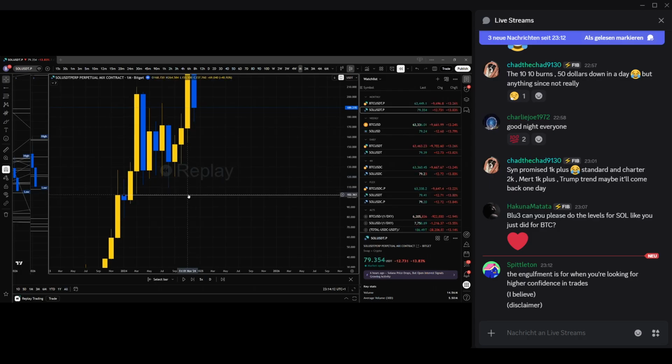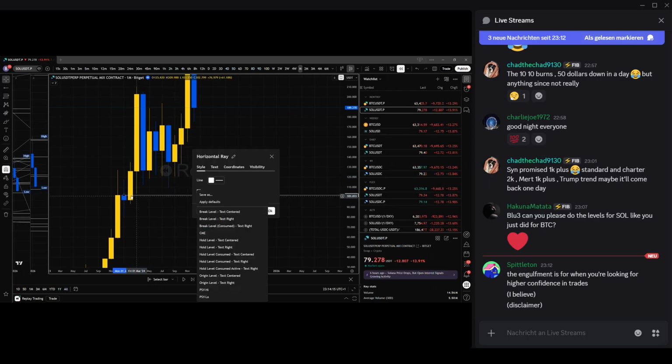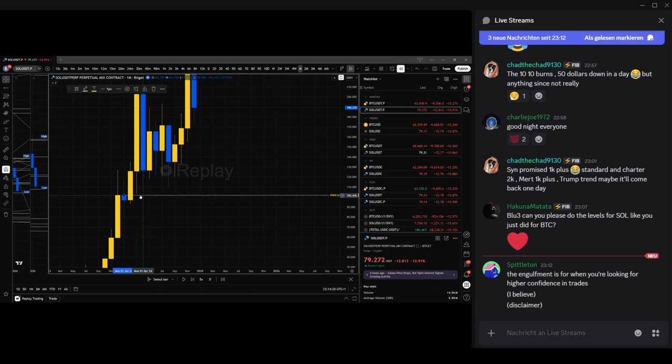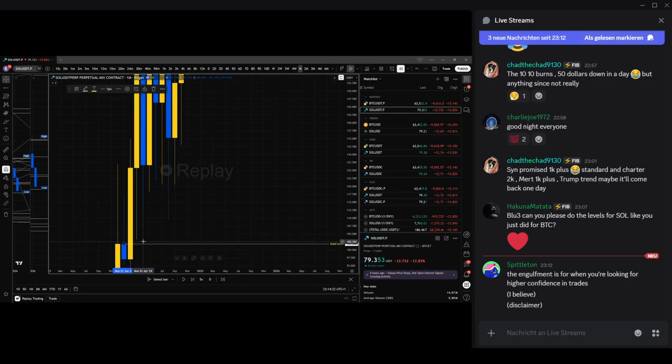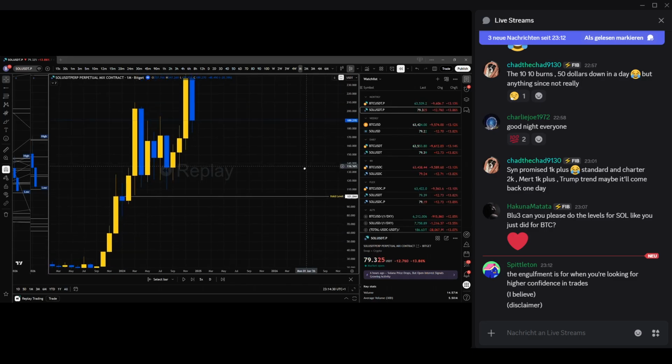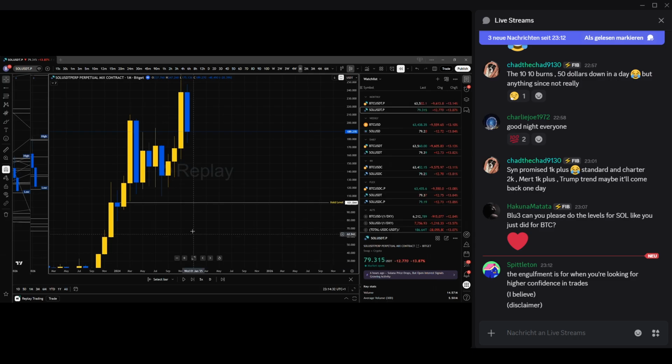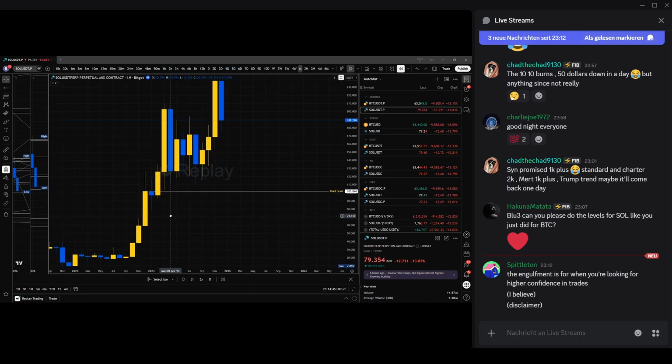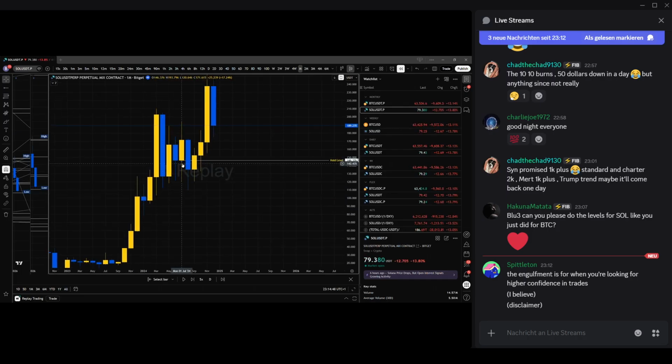And then it will act as a strong support area for being an untested and unconsumed hold, because you can see this wick did never touch this line, so it's still pending to be hit, so not active, and it can be used later. And that's a case where you put levels on the body: on a long, it's on the top side of the distribution candle, and for a short it would be the bottom side of the accumulation candle, like here.